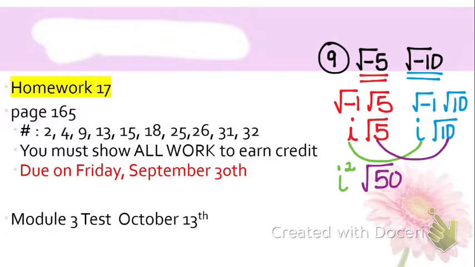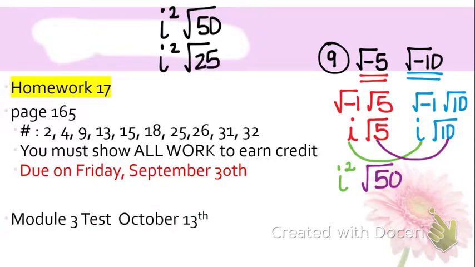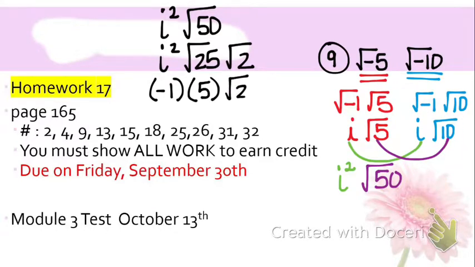So we have the i squared times the square root of 50, which is going to break apart to 25 times what? 2. See all this work I'm showing here to get to this answer? So now we have i squared, and that's our second rule. i squared is negative 1. The square root of 25 is just 5. The 2 has to stay underneath the square root. My final answer would be negative 5 root 2.